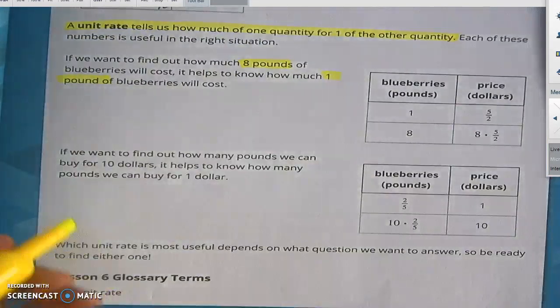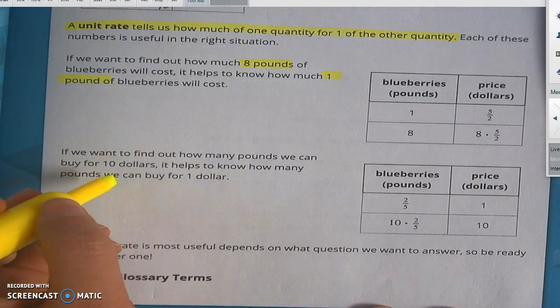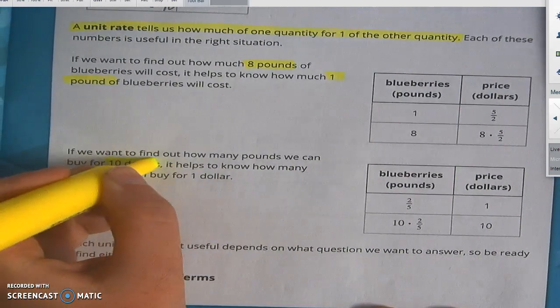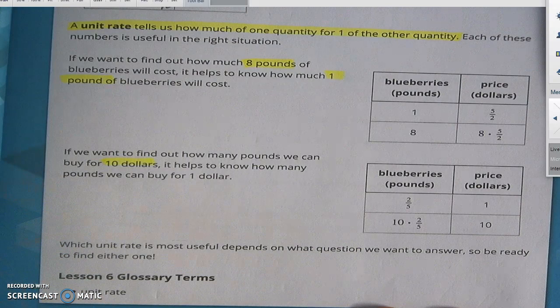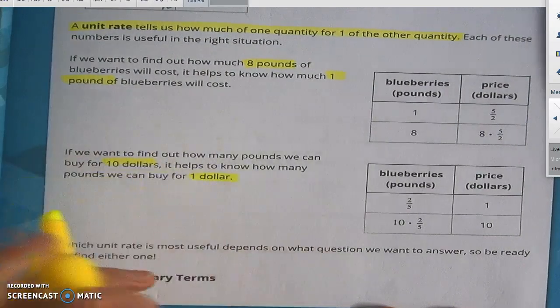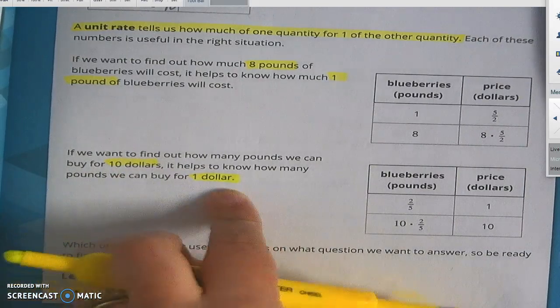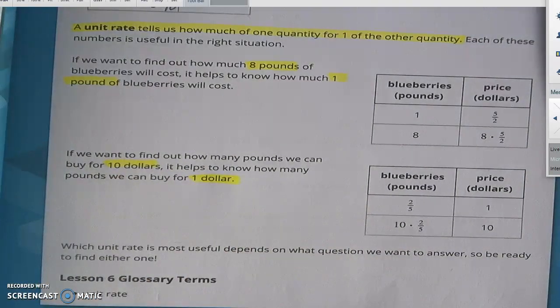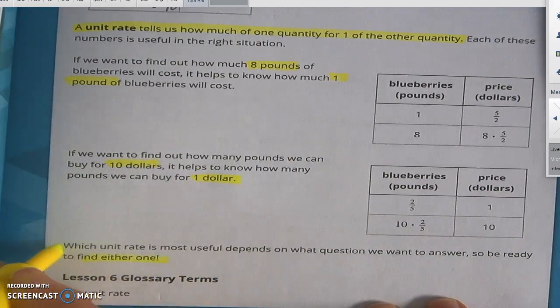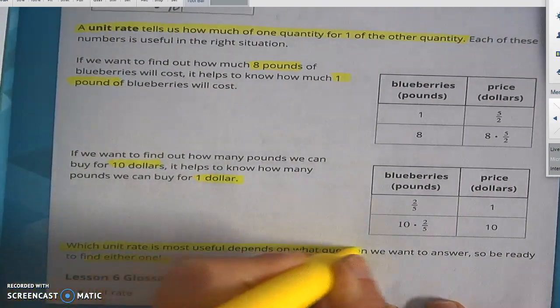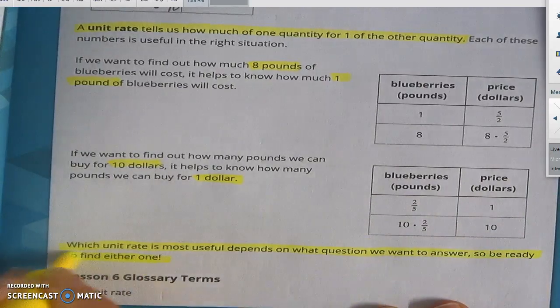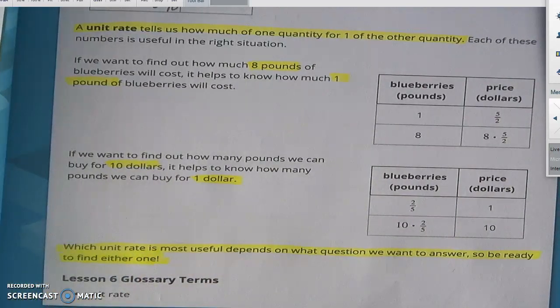If we want to know how many pounds we can buy for $10, then it's helpful to know how many pounds we can buy for $1. So if we have the information of $10, we want to use the unit rate that gives us $1, because then we're just multiplying that by 10. Which unit rate is most useful depends on what question we want to answer, so be ready to find either one.